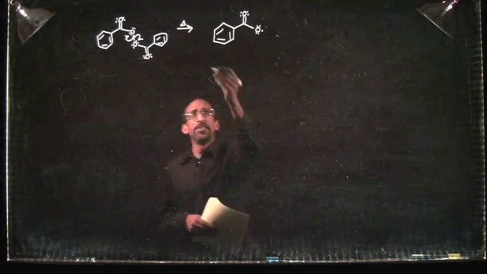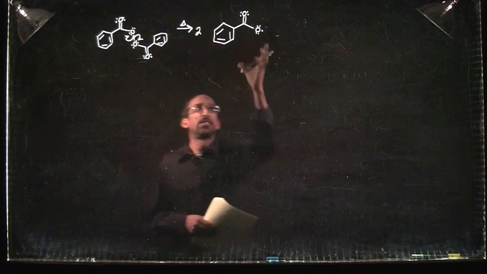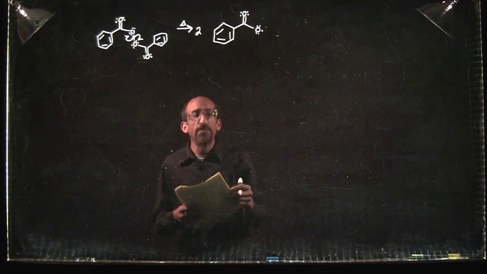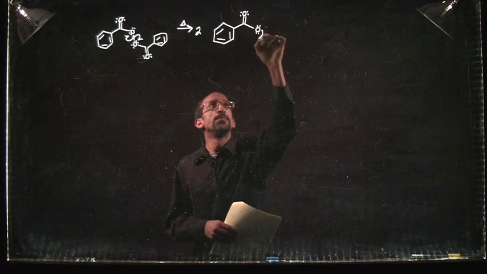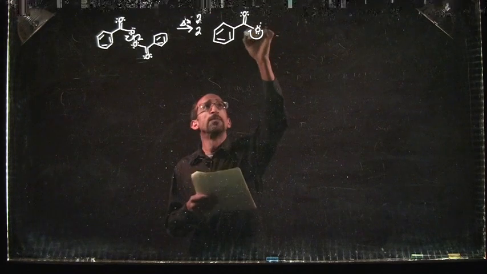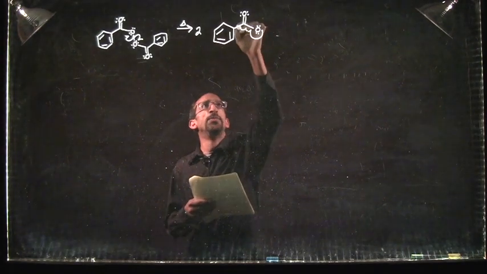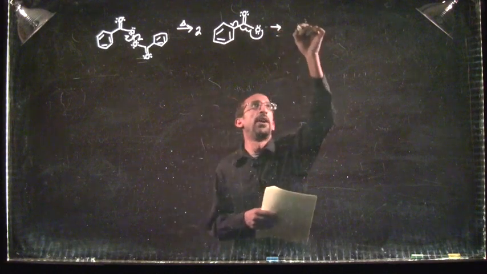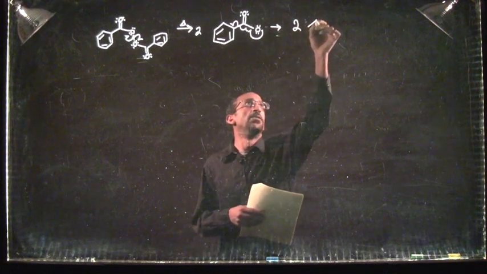So we have two of these now that look like carboxylic acids but a radical with no proton. And these can further decompose to generate two phenyl radicals and two molecules of CO2.